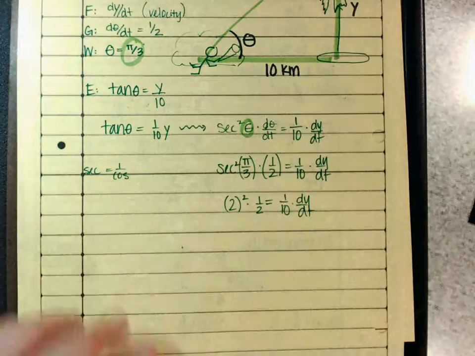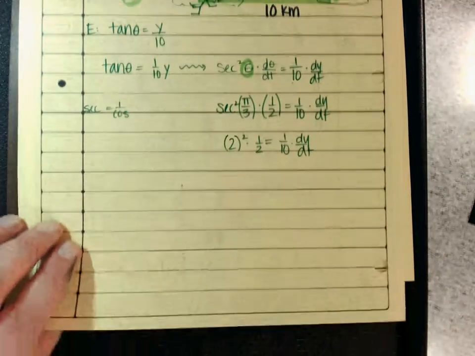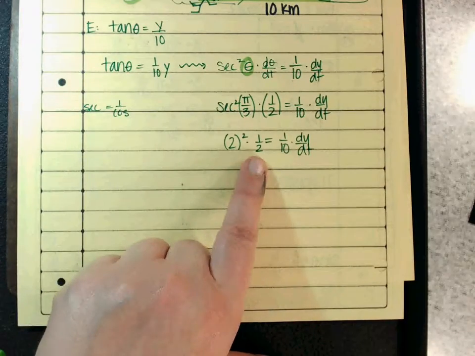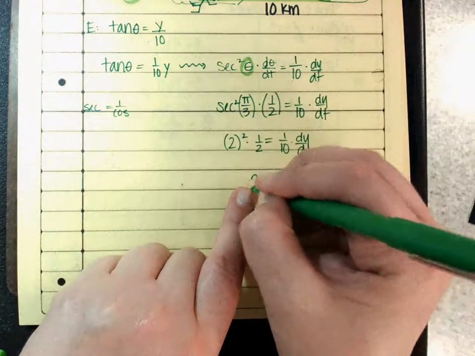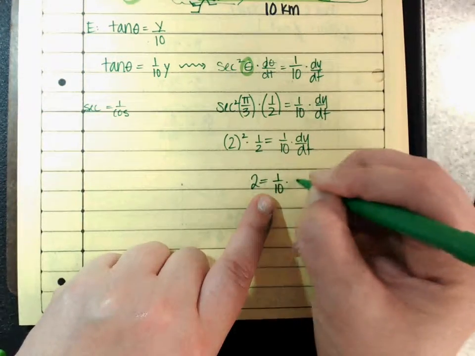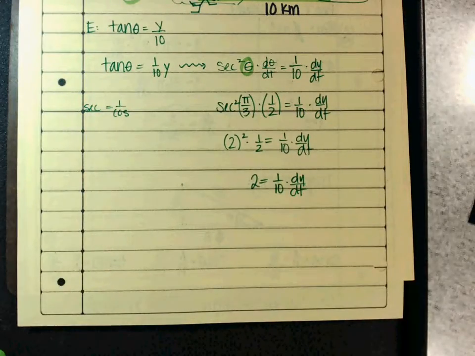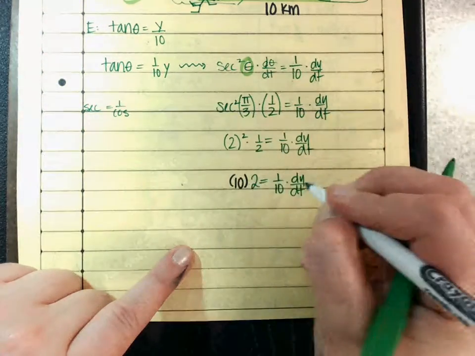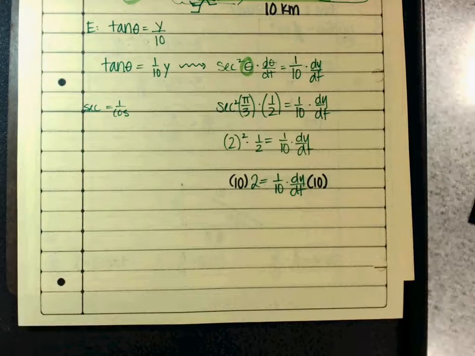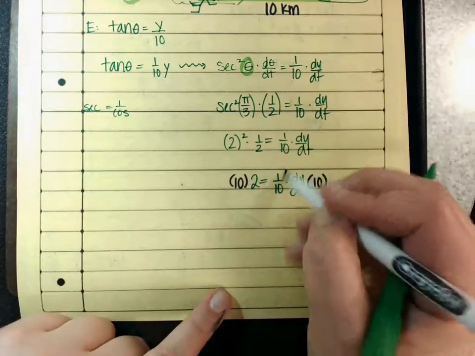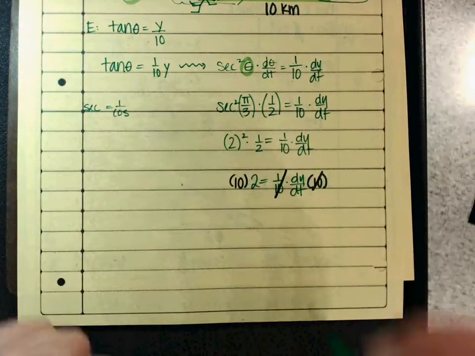Okay, let's solve that left side. What's 2 squared? What's half of 4? So really that's just a 2. And then if it's a 10th dy/dt, how do I get rid of the 10th? Multiply by 10 here, multiply by 10 here. And then my 10 and 10th here cross out, dy/dt equals what?